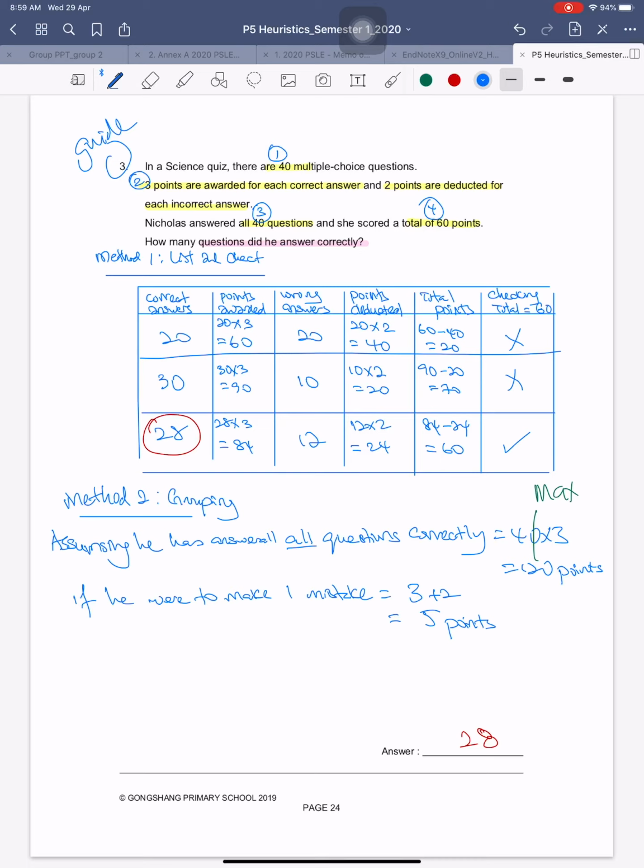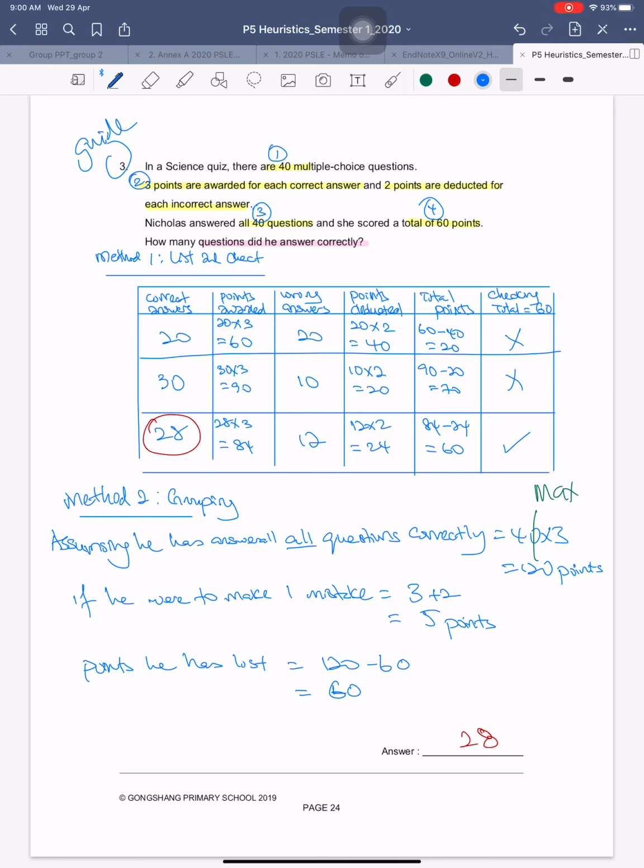Okay, alright. So now the question says that he scored a total of 60 points, condition number 4. Meaning to say, he can get 120, but he only gets 60. That means he actually lost 60 points.